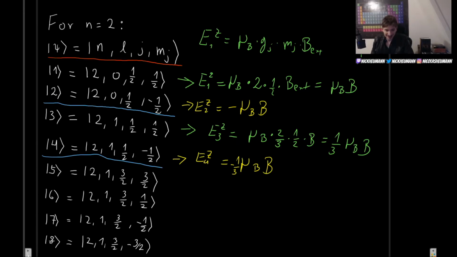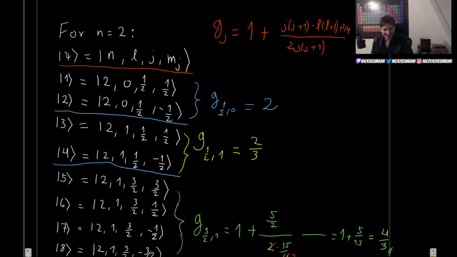All right, next one. I'm going to change colors. So now we have E5 because of the Zeeman effect. What do we have now? So this is going to be Bohr magneton times the G factor for 3/2 and 1. So that is 4/3.